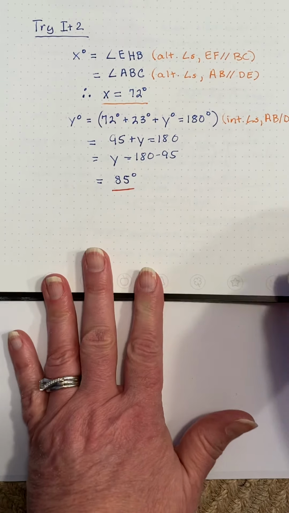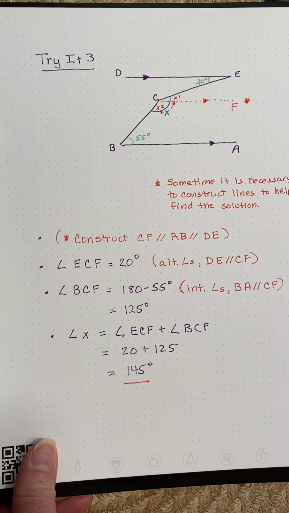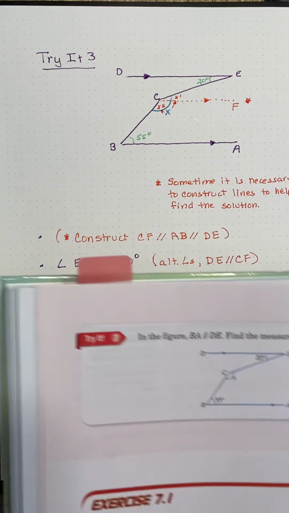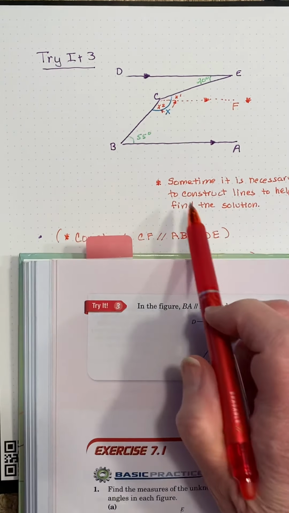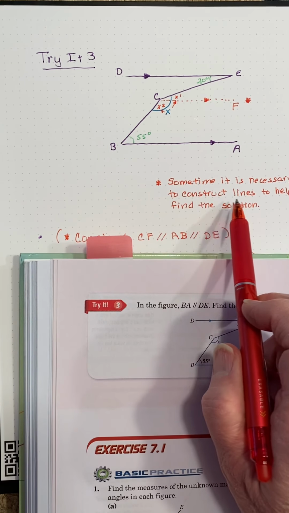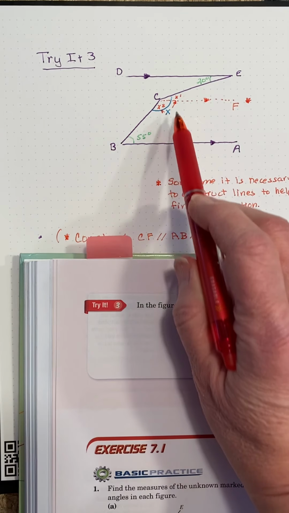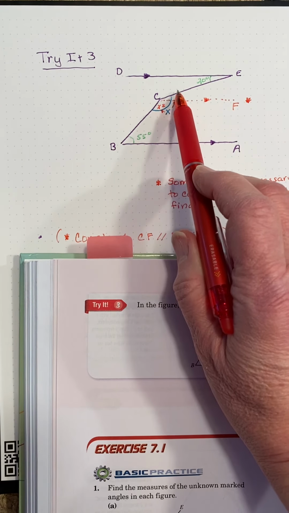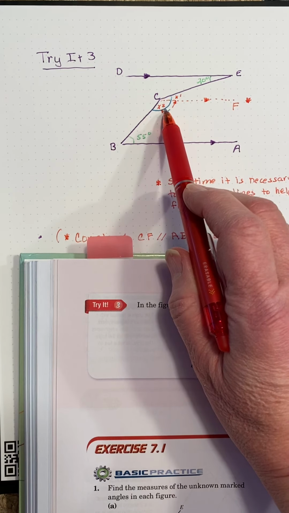Then we have triad 3, which goes to the top of the next page. This is interesting because the shape that you see at the top is incomplete. And I just gave you a little heads up here. Sometimes it's necessary to construct lines to help find the solution. So we needed to make this line so we could split this big angle X into two parts.